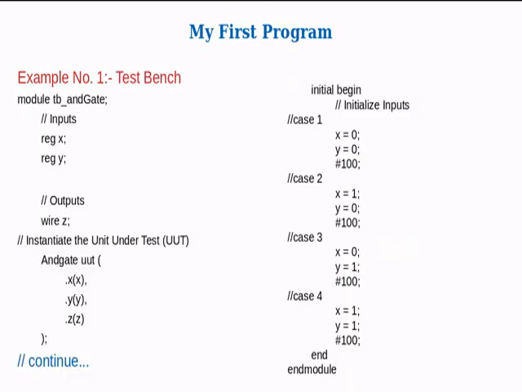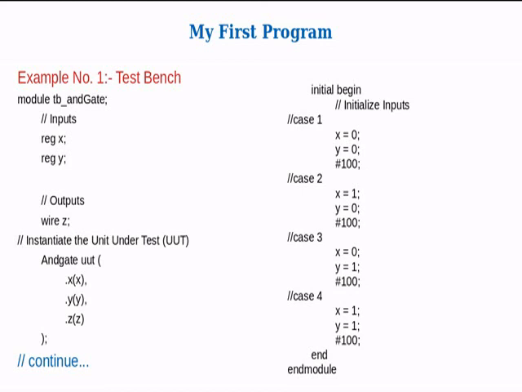So a simple test bench you have to write in order to simulate this AND gate module. These inputs are defined in the test bench as reg type variables, and the output is defined as a wire data type. So X and Y are the reg data type variables and Z is the wire data type.